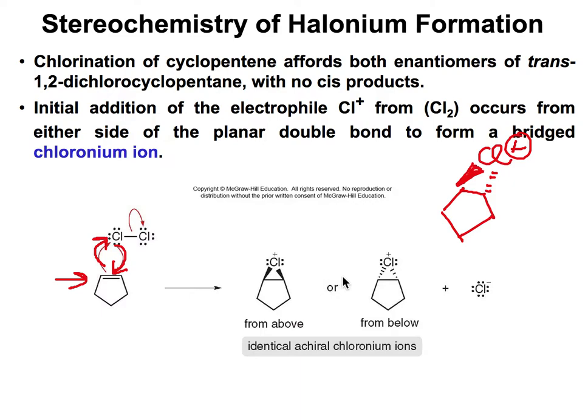And why is this important? Well, this is important because now the other Cl, the Cl minus, will come from the opposite side. So when this Cl now comes and attacks here, if the three-member ring is pointing down, this Cl is going to come and attack from the top. And here, because it's pointing up, this Cl is going to attack from the bottom.